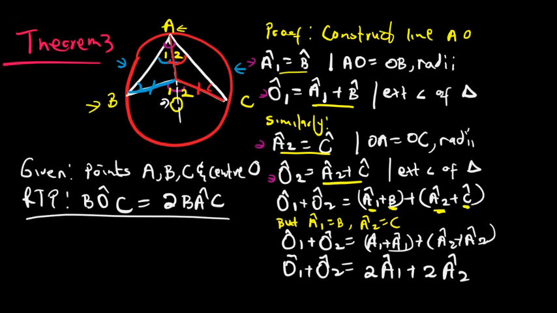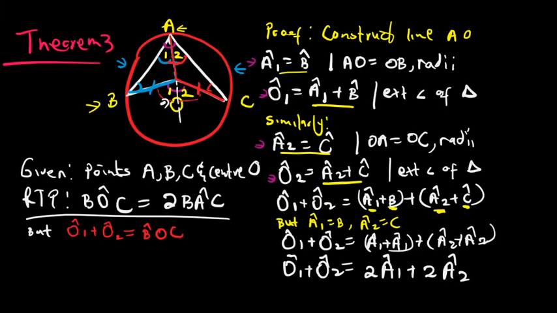So then what's going to happen is this. Now you have twice, but you need to note that the combination of O1 plus O2, which is this one here, gives us angle BOC, right?